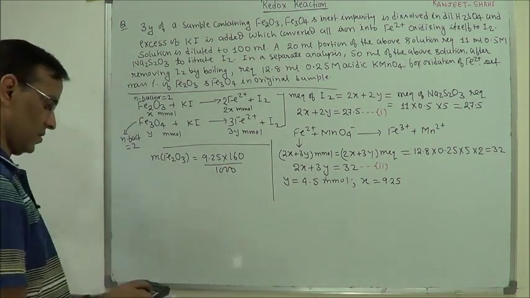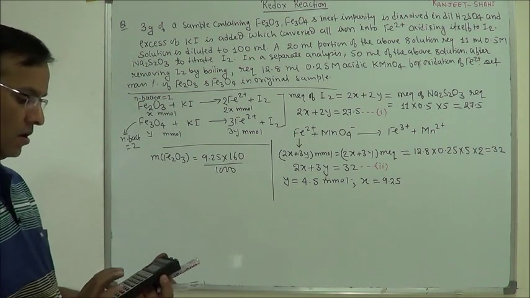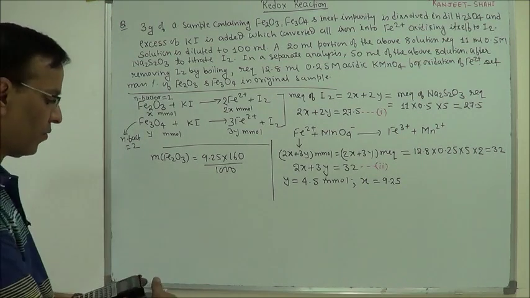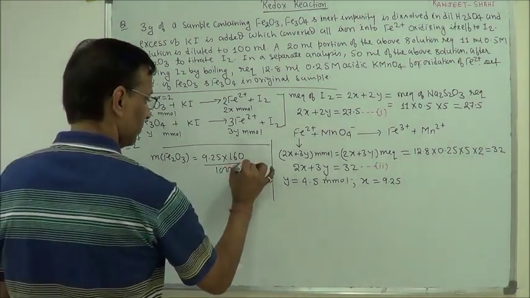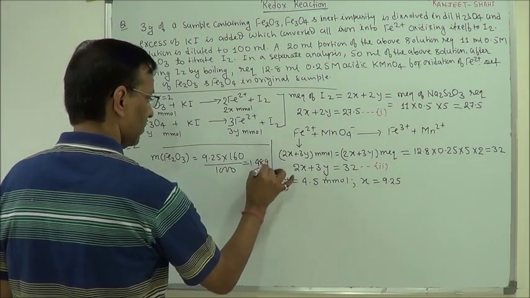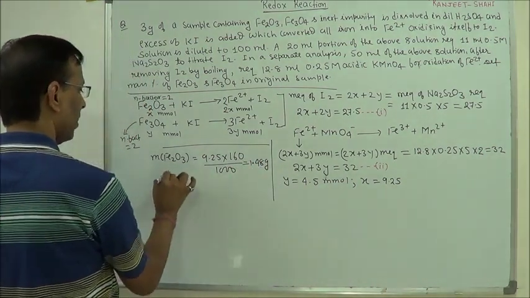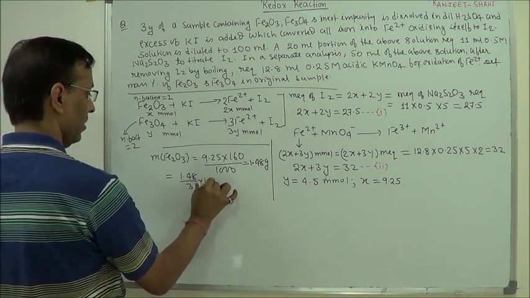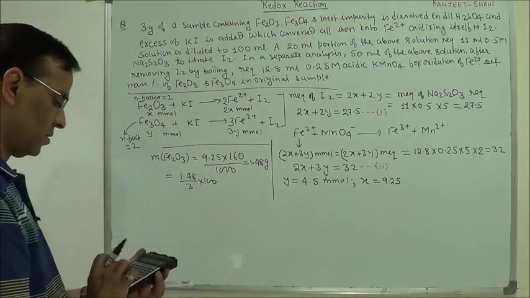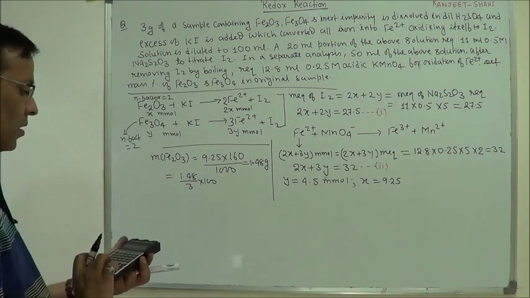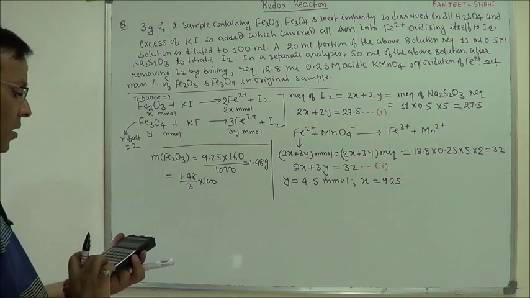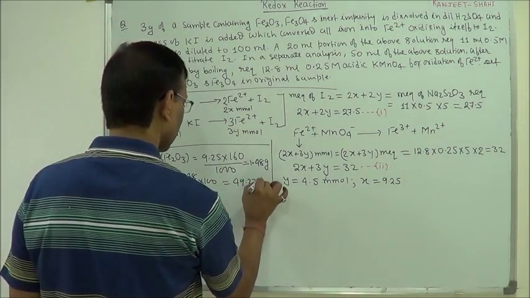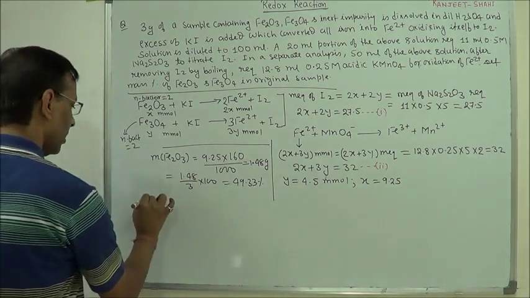So it will be 1.48 gram. If we convert it into percent, it will be 1.48 divided by 3 into 100. So it is 49.33%.